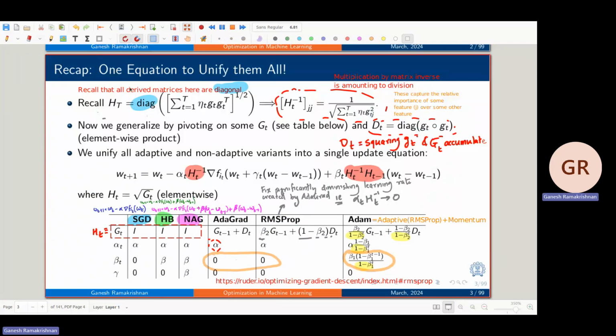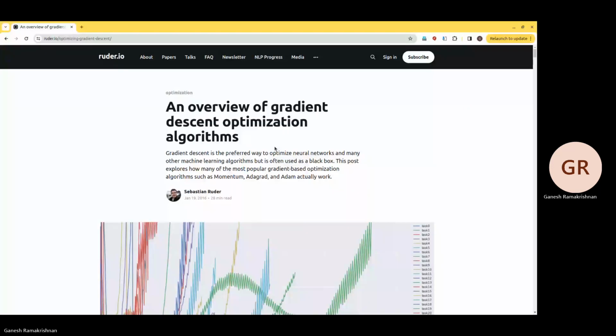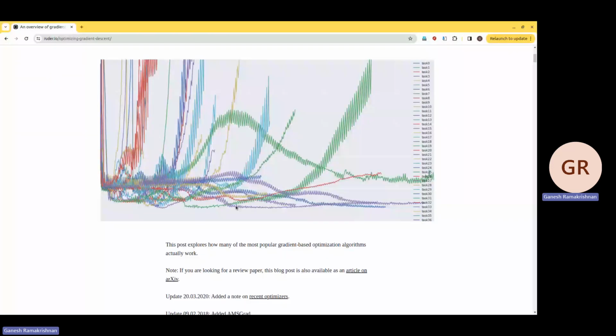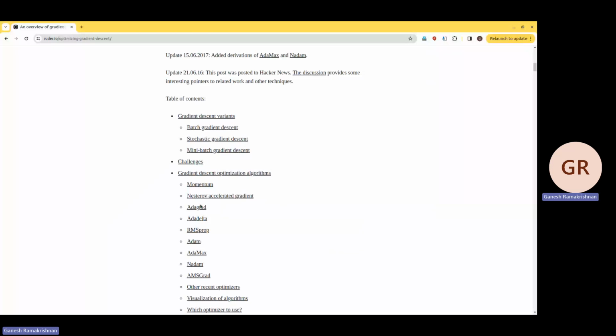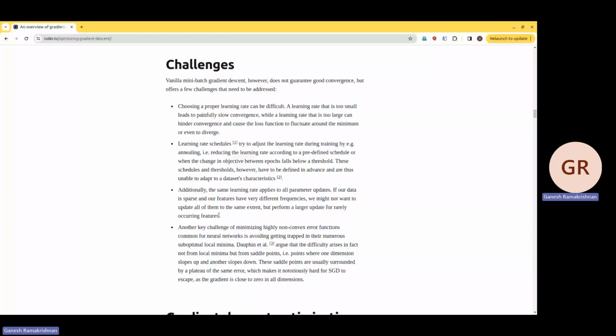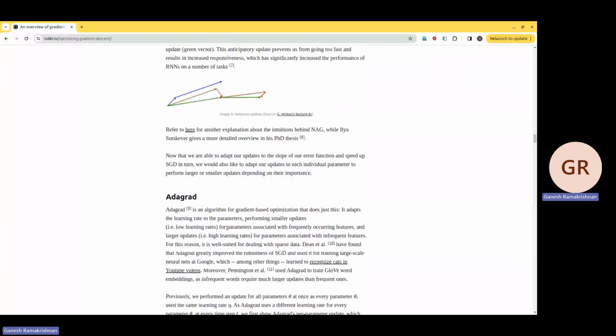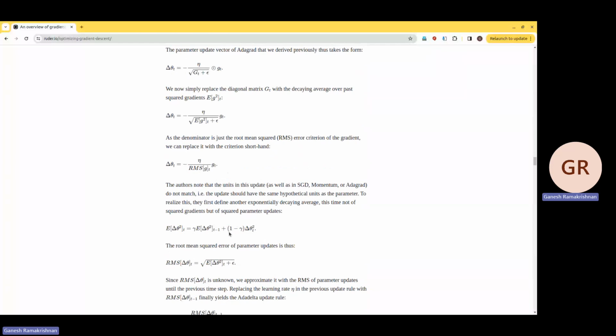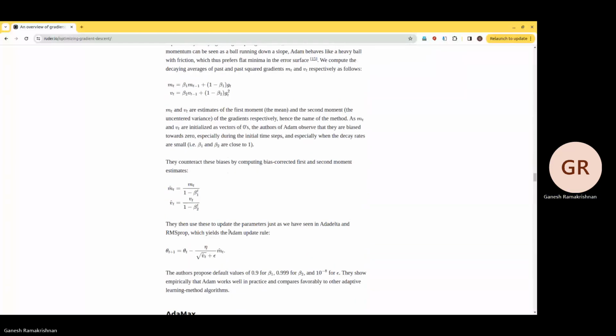So there's an overview of gradient descent optimization algorithms where we can go through all the gradient descent variants and momentum, Nesterov accelerated gradient, AdaGrad, AdaDelta, RMSProp, right? And their batch and stochastic versions. So this is just Nesterov, which you're already aware of, presented again, AdaDelta, right?